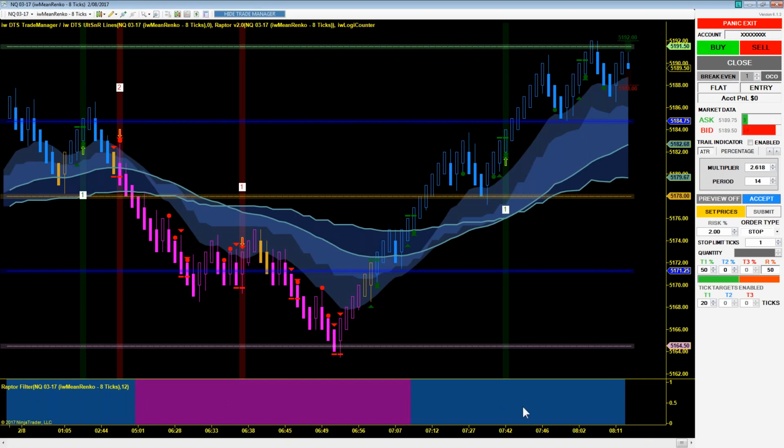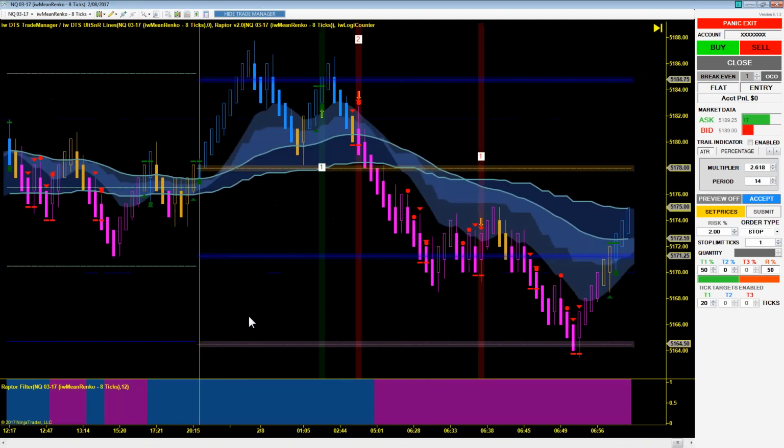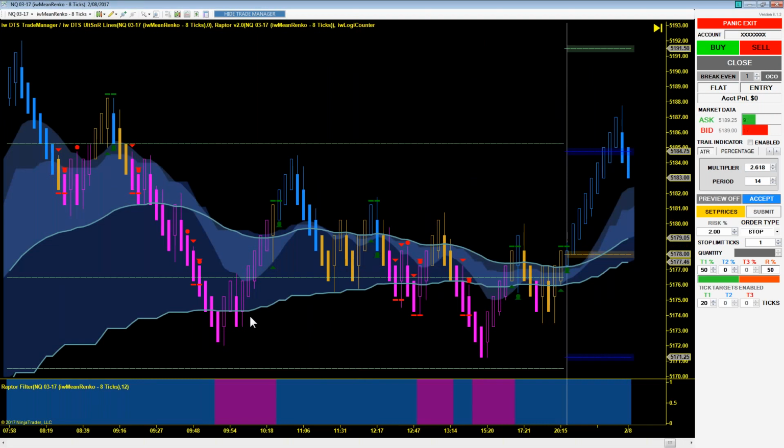Down below here, we also have the Eagle Trend Trader, all programmed into the Raptor filter. This is an excellent momentum type filter. You can usually see when the market momentum starts to wane or shift.